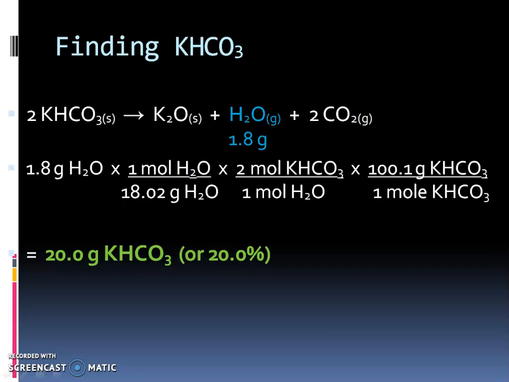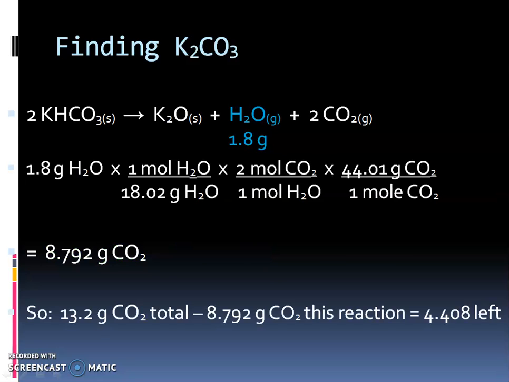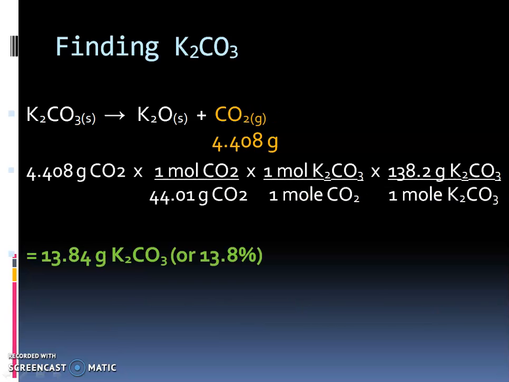Here's how we would find the KHCO3. Here we would find the K2CO3 and the K2CO3. Again, using stoichiometry 2 times in order for us to figure that out because of the 2 different equations that the CO2 is in.